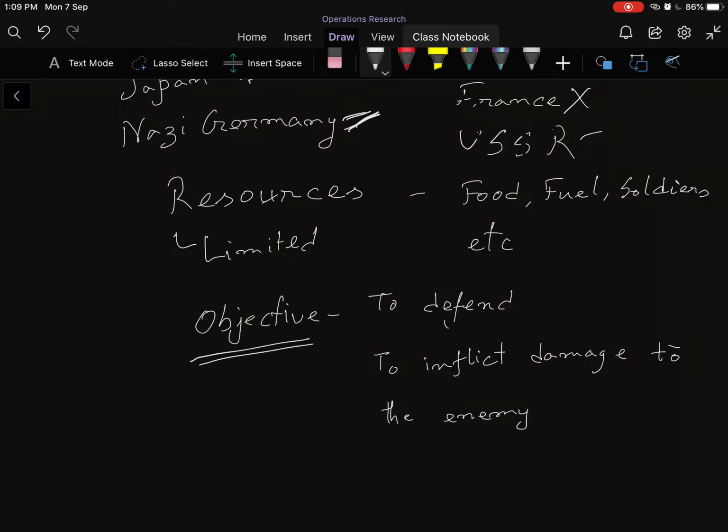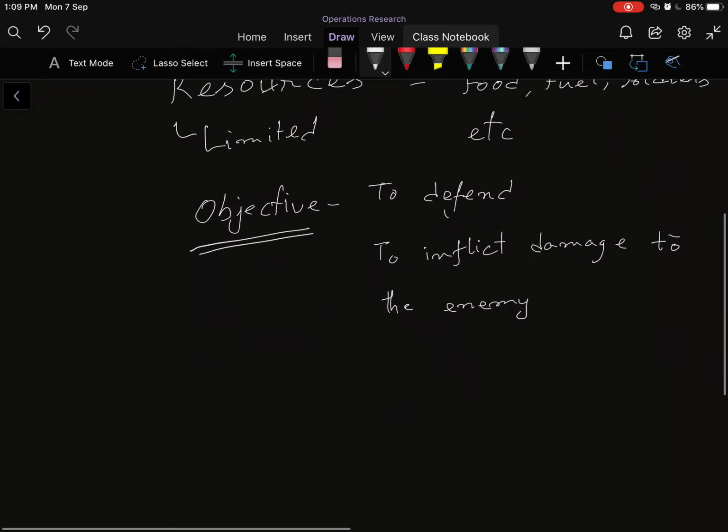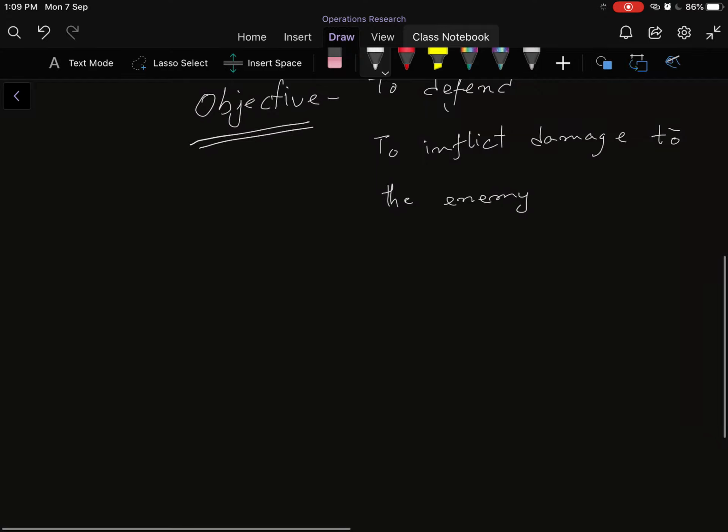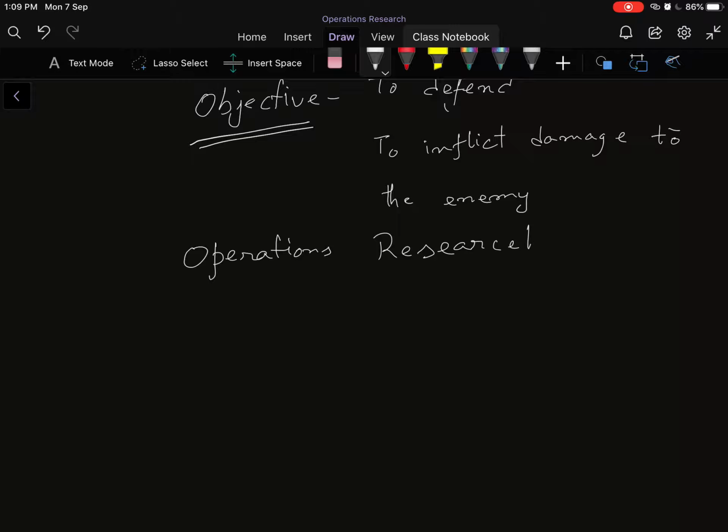So then the scientists from the United Kingdom invented one field of study which is now known as operations research. So what does operational research do?